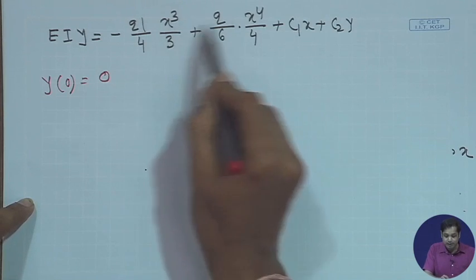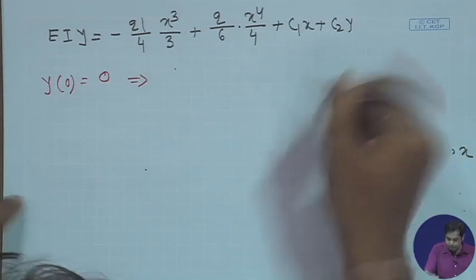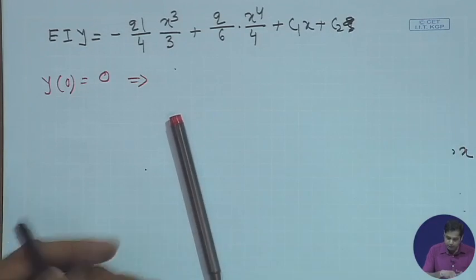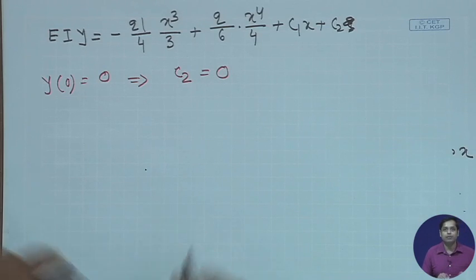If we substitute x equal to 0 here, then what we get is C2 is equal to 0 directly.